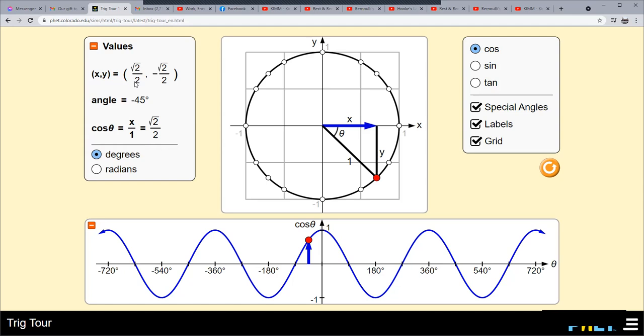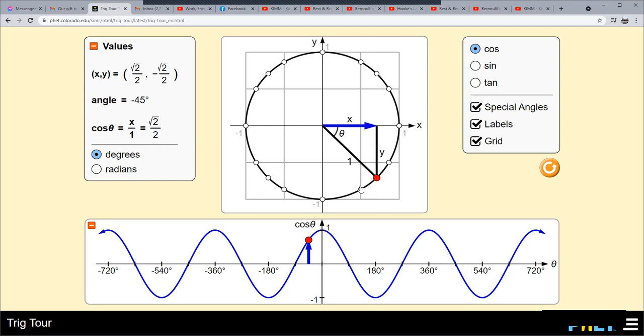But you would notice that at 45 degrees, both the x and y values have the same magnitude. While x is positive and y is negative, the value is the same. So the cosine of the angle is simply equal to square root of 2 over 2.